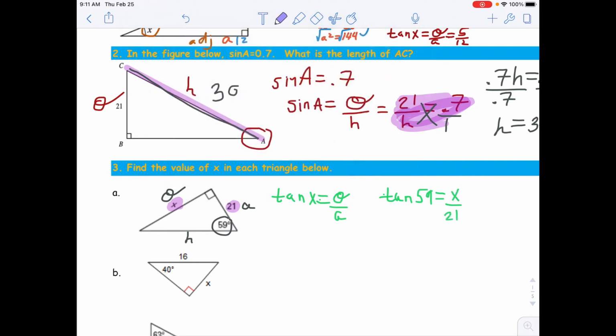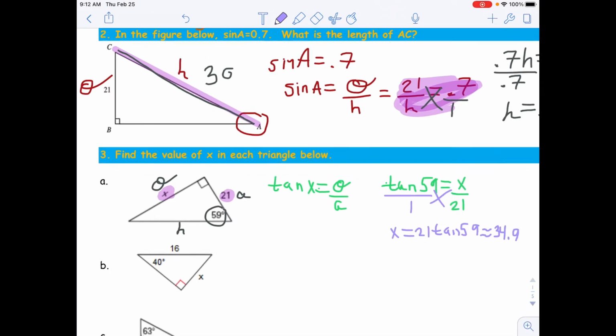Then it's really just a matter of cross multiplying and solving. We're going to get x equals 21 tan 59, which is about 34.9. Okay, cool beans. Moving along.